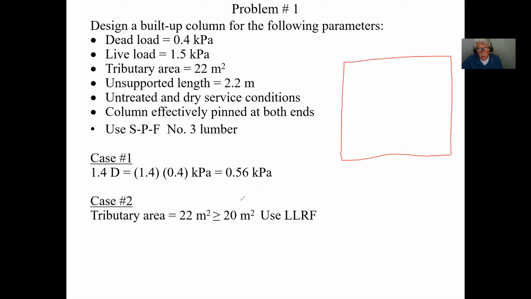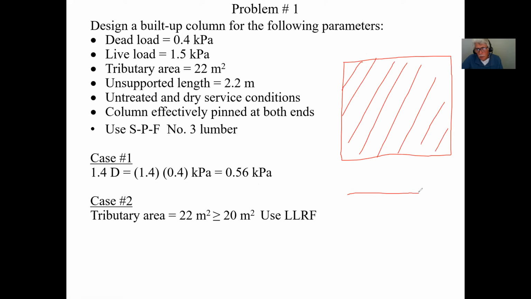In other words, 200 square feet. So what's the probability that all your 200 square feet are going to have the live load completely on that area? Now, where this becomes very important is when you have a multi-level building, and you have one column sitting on top of another column, sitting on top of another column.